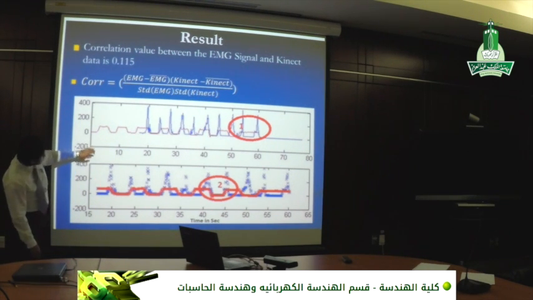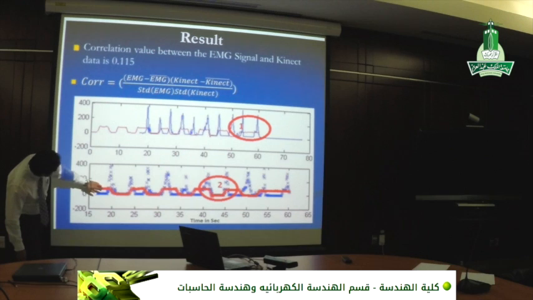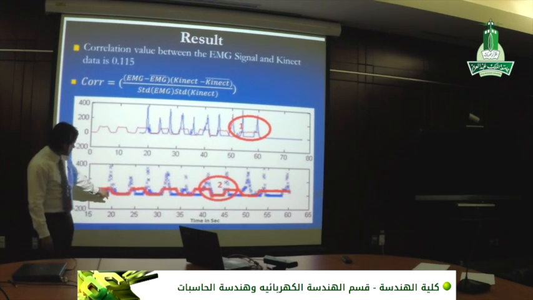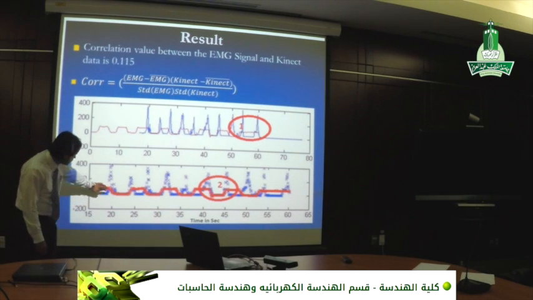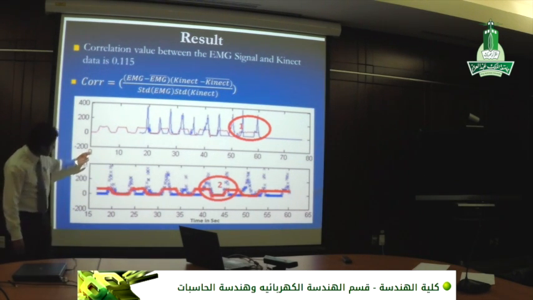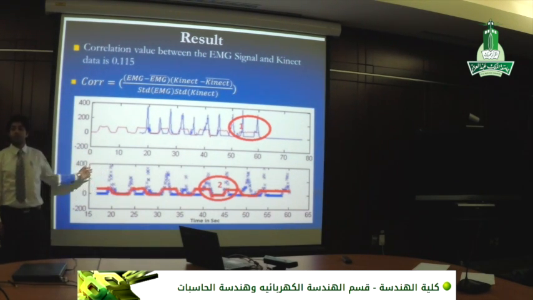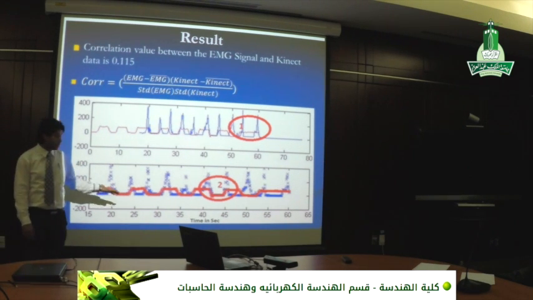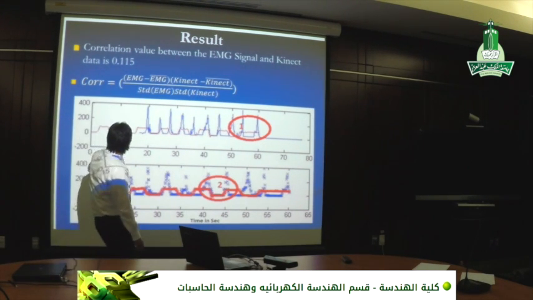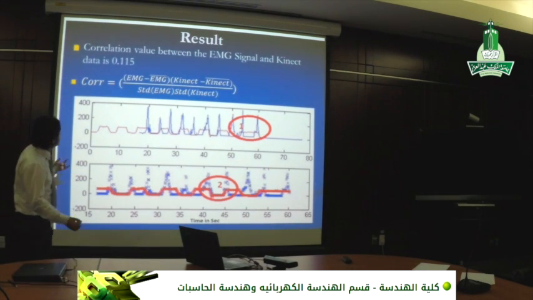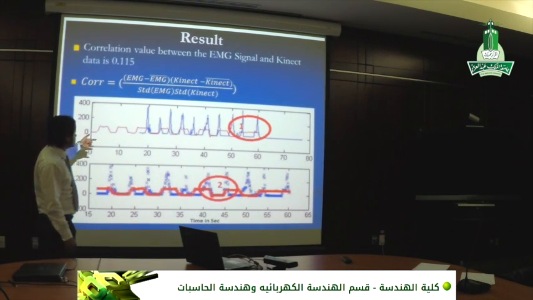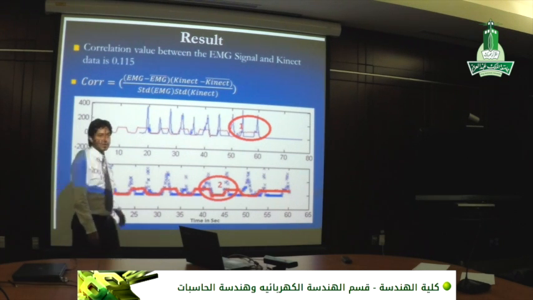But the surprising fact was that when the transition is happening from sit to stand or a change of position, we see a spike, whether the person is moving from sitting to standing or standing to sitting. The correlation found between these two different kinds of data was very low, because one is the muscle firing activity and the other is the angle calculation.